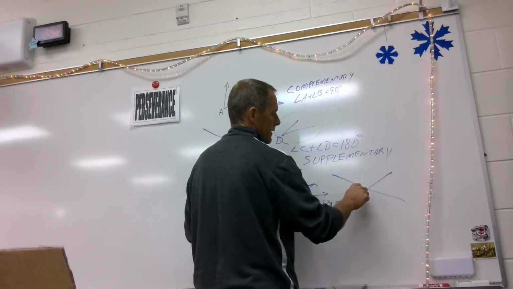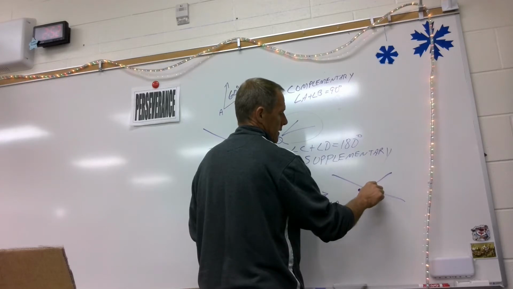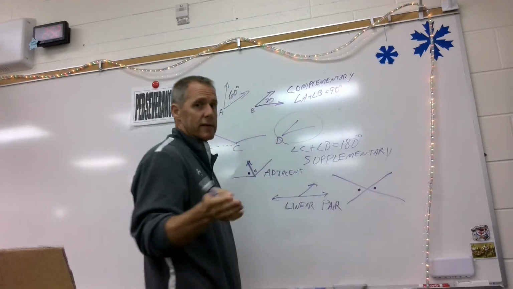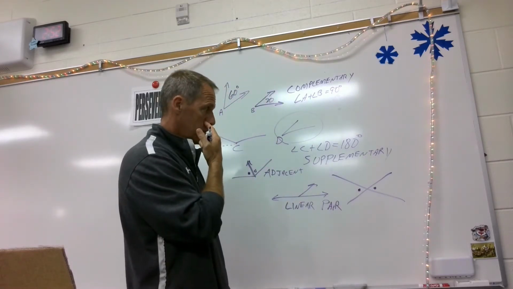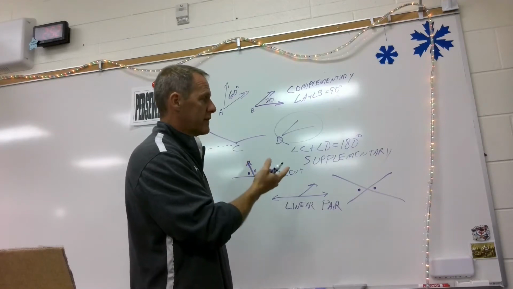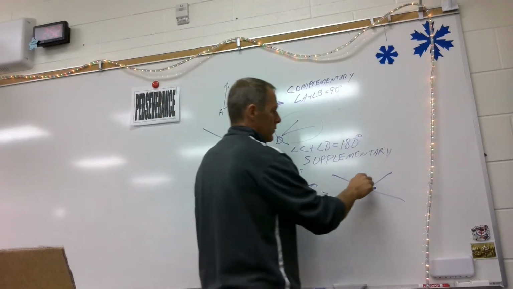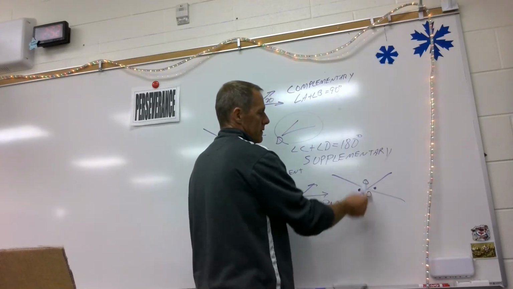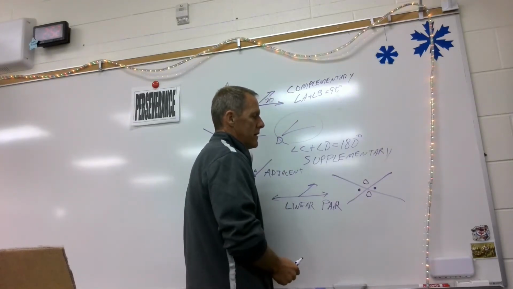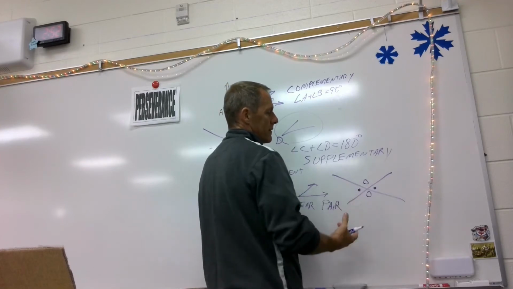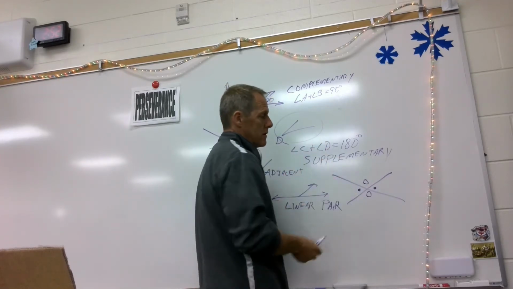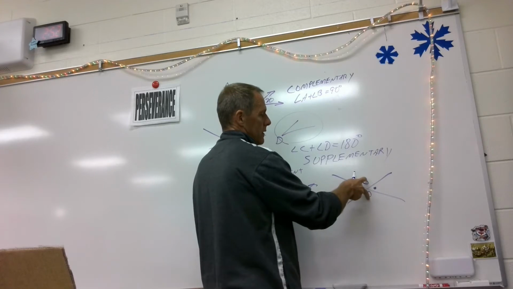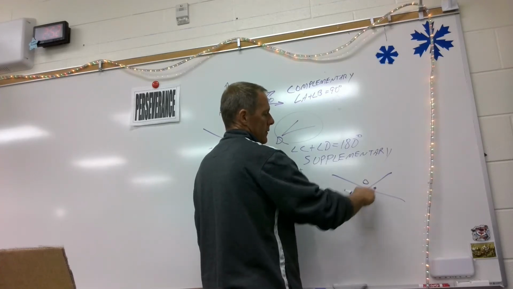Well, these two angles, surprisingly, hopefully this makes sense, they're the exact same measurements. And these two ones that are right here, these two circles, those two angles are the same measurements. So anytime you have intersecting lines, it's going to form two pairs of congruent angles. These ones and these ones.